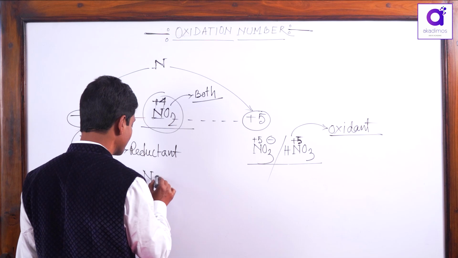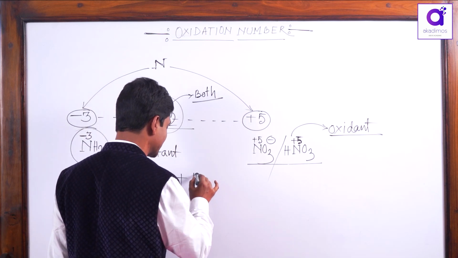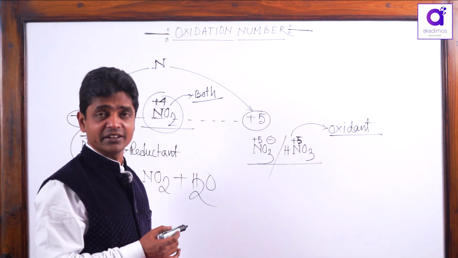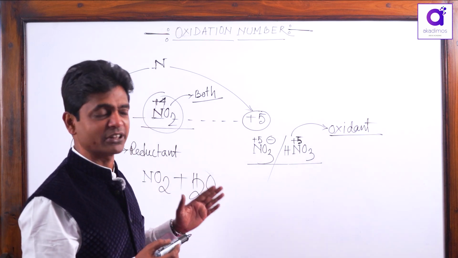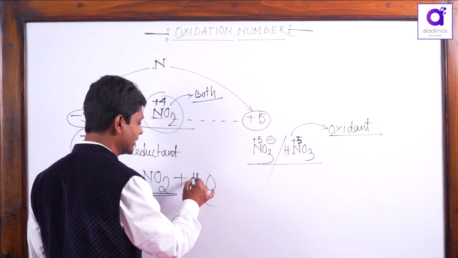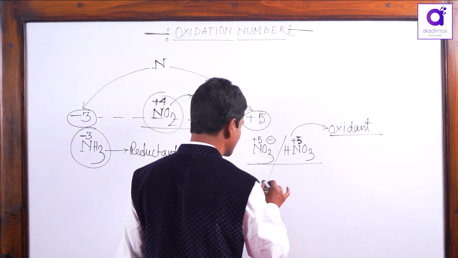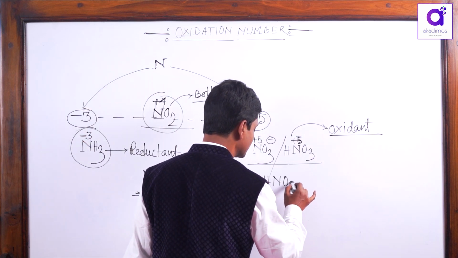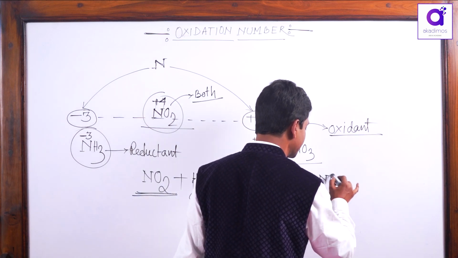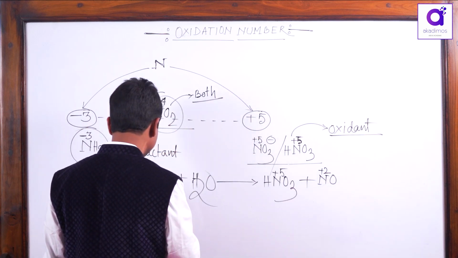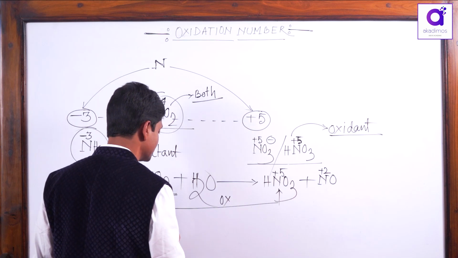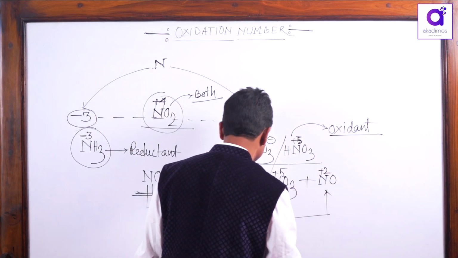You know NO2 reacts with water, that reaction you will get in the industrial preparation of nitric acid, like the Ostwald method. The last step was NO2 absorbed in water, and NO2 will undergo a disproportionation reaction to form HNO3, +5, and reduces to NO. Here simultaneous oxidation, this is oxidation, and parallelly it reduces to NO, that is reduction.